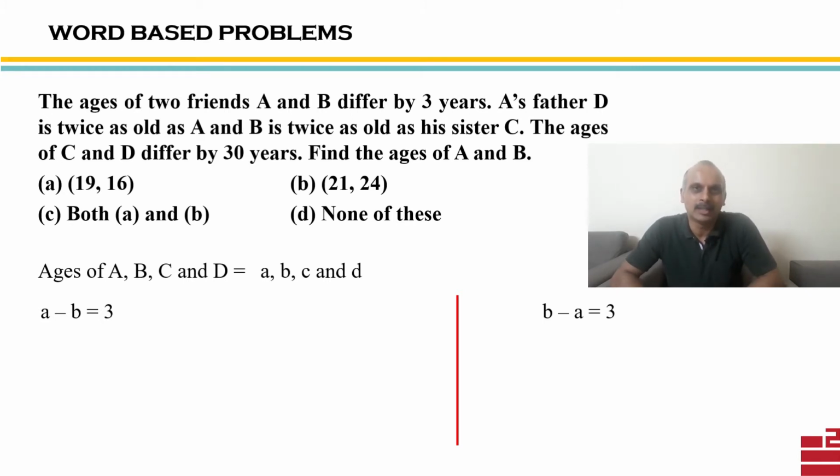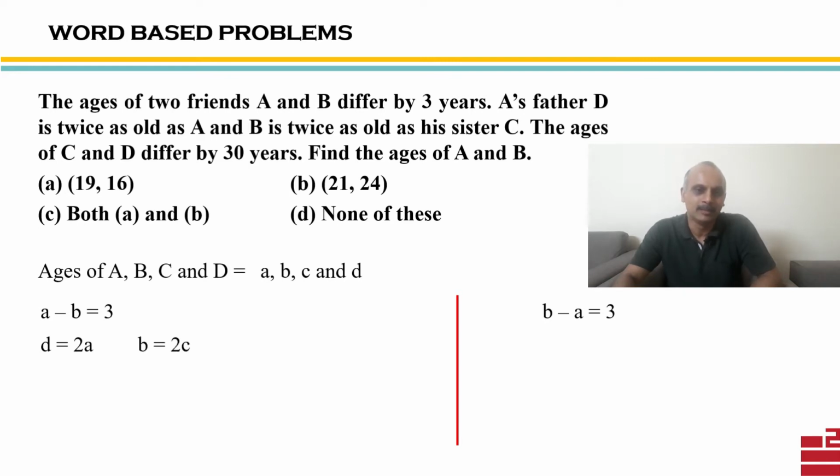So in the first case, when I say A minus B is 3, it's also given that D's age, D being A's father, is twice as old as A. That means D is 2A. Also, it's given that B is twice as old as his sister.